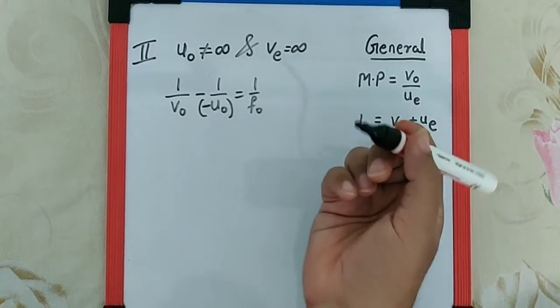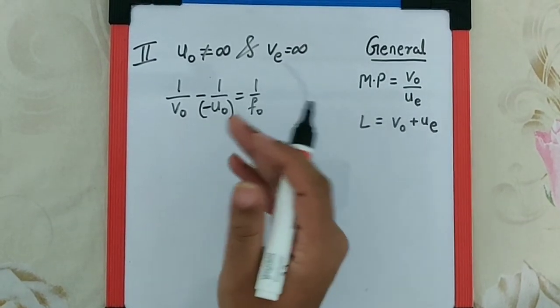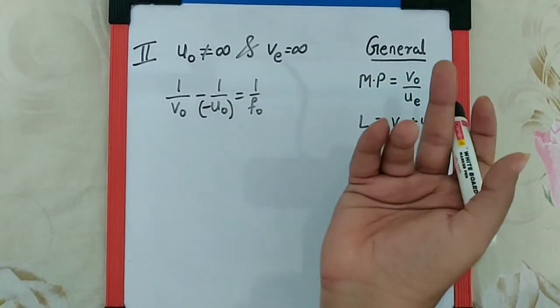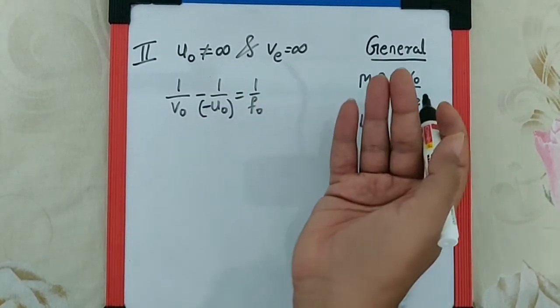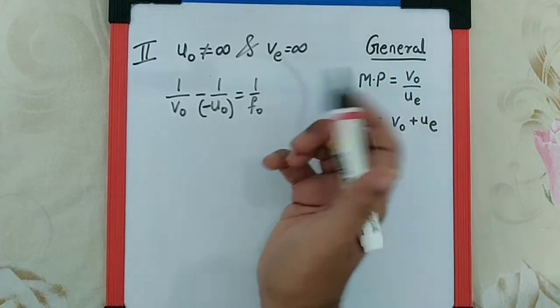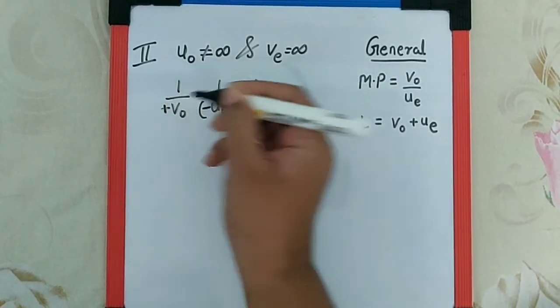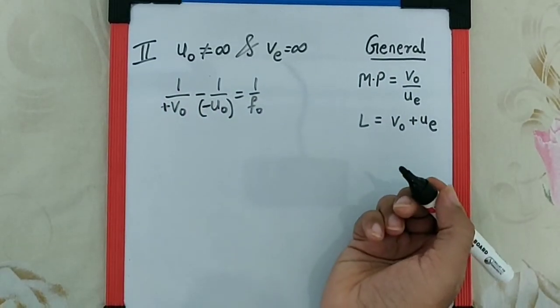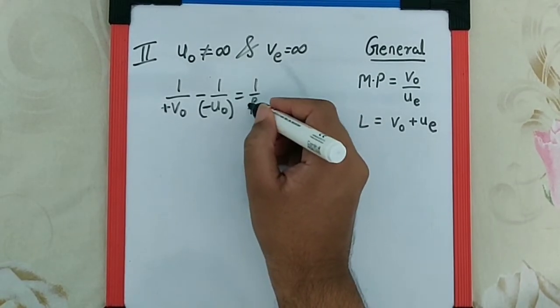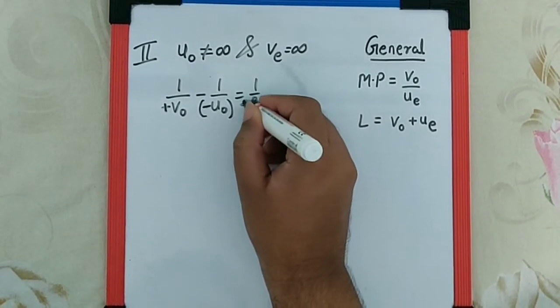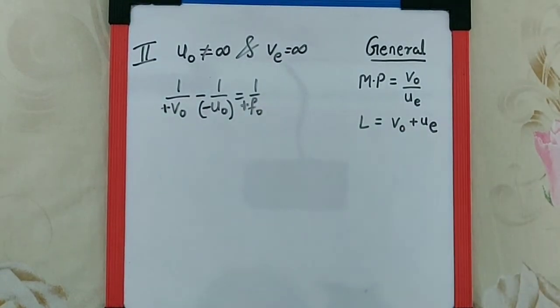Now if we want the image of the objective to become object for the eyepiece, we need to have the image on the right hand side of the objective, which means the final image of the objective will be positive, which is on the right hand side, and the lens is always biconvex, which means this is always positive.